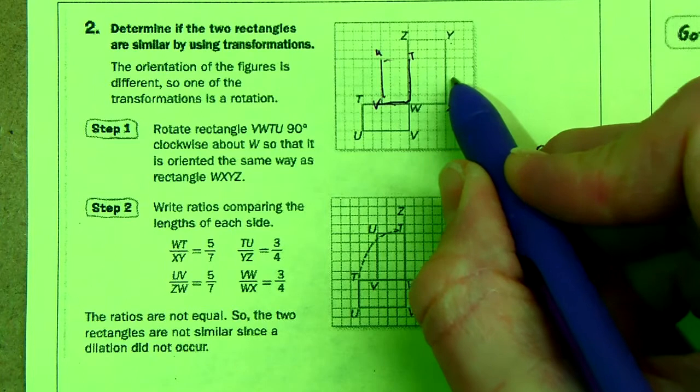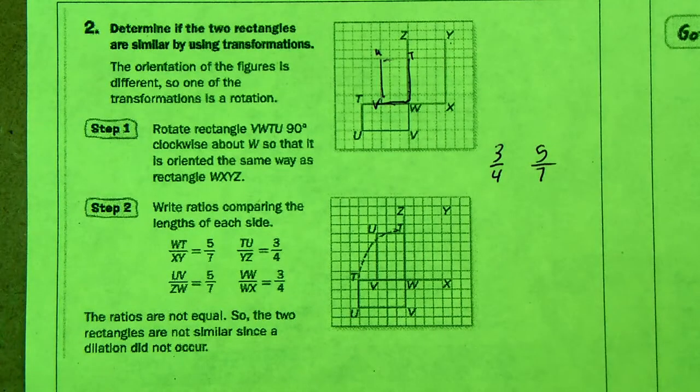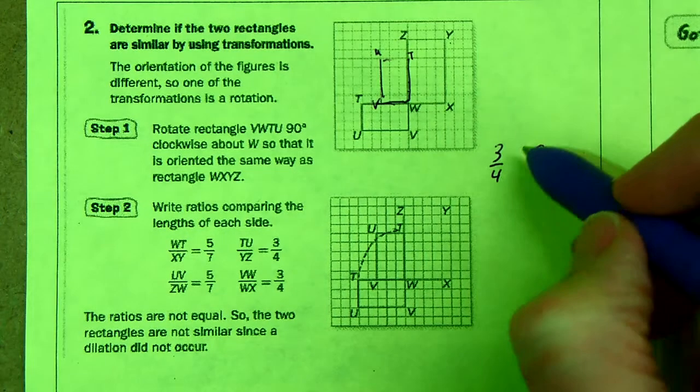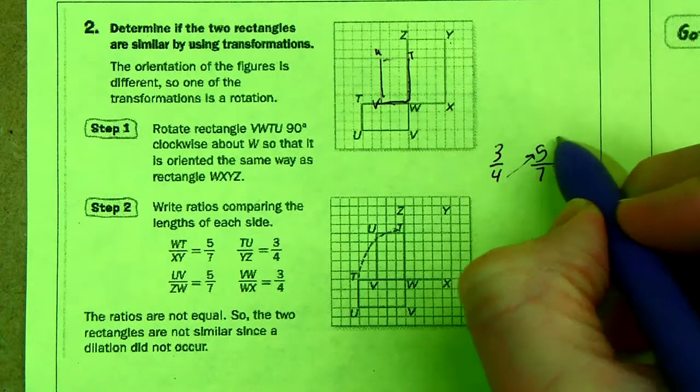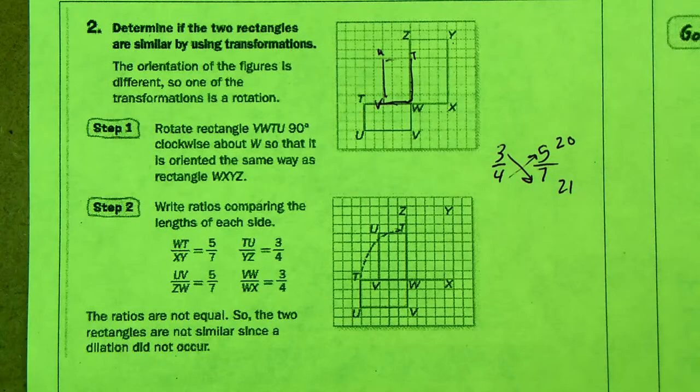They said no, because they're not. And if you remember, we can check cross products. 4 times 5 is 20, and 3 times 7 is 21. Since they are not the same, those two ratios are not equal. So they're done. They're not similar. Showing your work and explaining needs to probably include that work with the ratios.